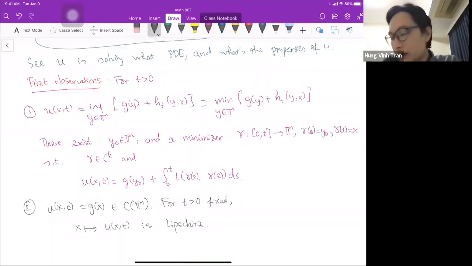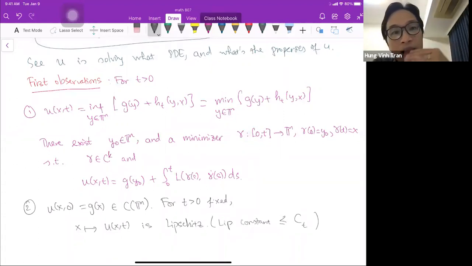Again, the Lipschitz constant is less than or equal to c(t), and this can blow up as t goes to 0, which is normal because you start with initial data that is only continuous. But instantaneously, your problem has a regularizing effect.